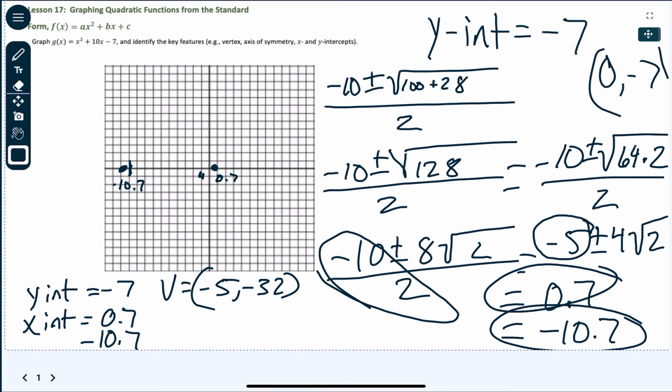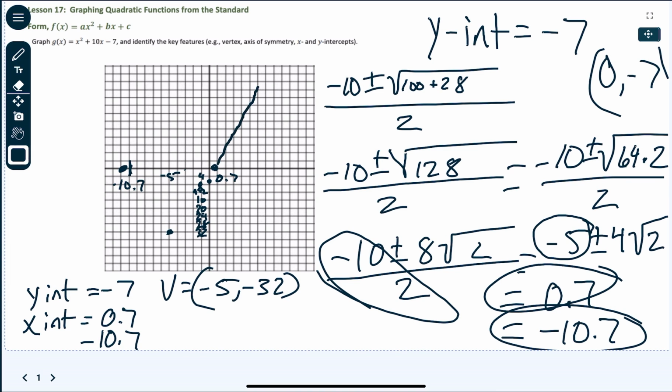So if this is 4, 8, that means our y-intercept is going to be right here. And then we have 12, 16, 20, 24, 28, 32. Okay. 1, 2, 3, 4, 5. That's -5. Down 32.